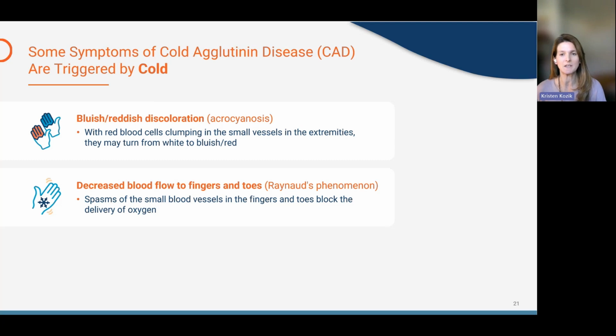And this happens because when cold-induced agglutination of red blood cells occurs in CAD, it can become difficult for the clumped red blood cells to move through the blood vessels. When that impedes blood flow, it causes that bluish reddish discoloration of the skin. There are also cold-induced circulatory symptoms such as Raynaud's phenomenon, in which the spasms of the small blood vessels in your fingers and toes decrease blood flow and delivery of oxygen.